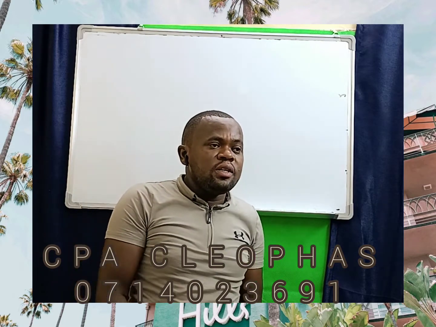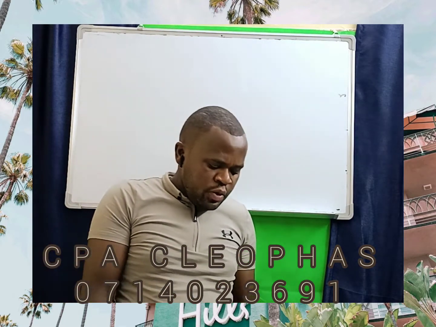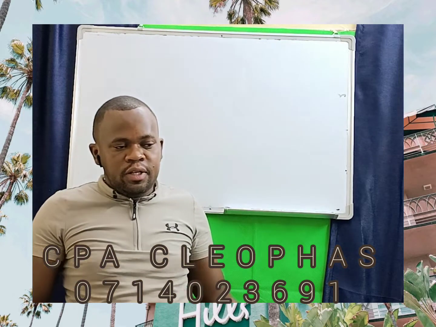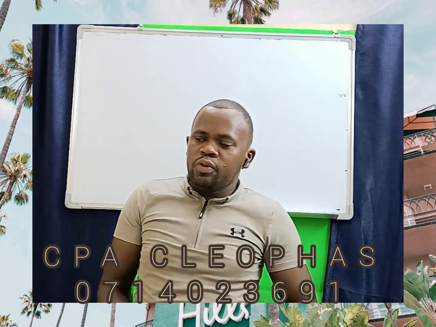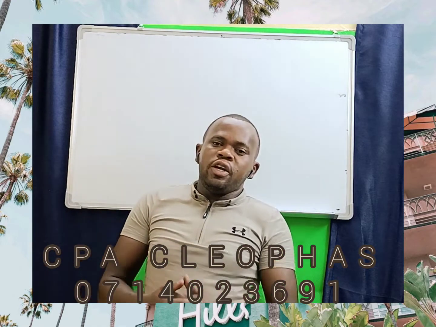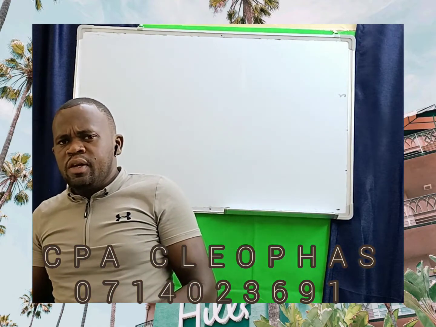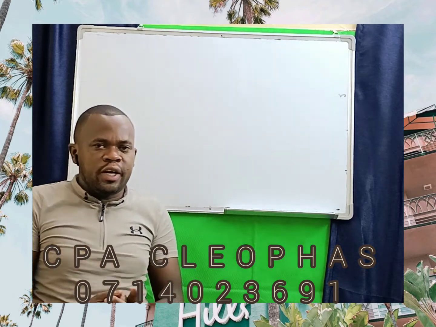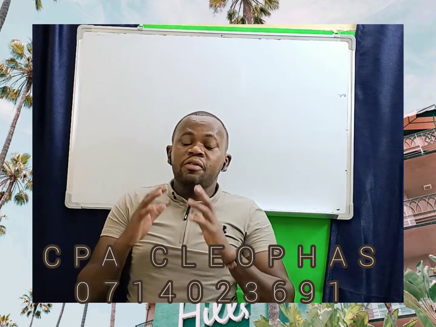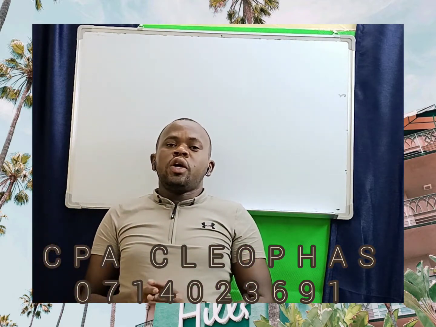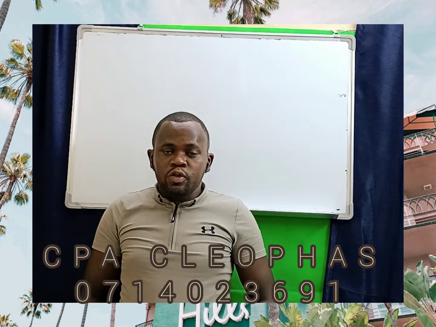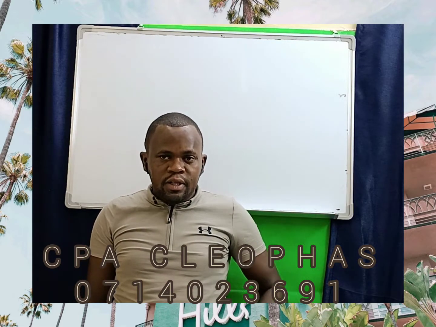The first thing the auditor should do is discuss the financial statements with management, to see whether there is any going concern problem in the financial statements.